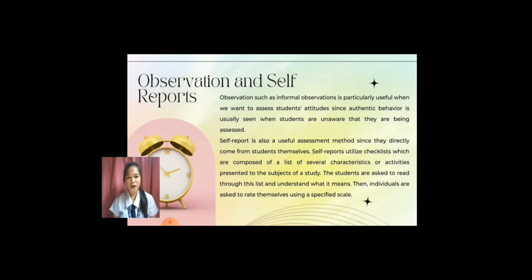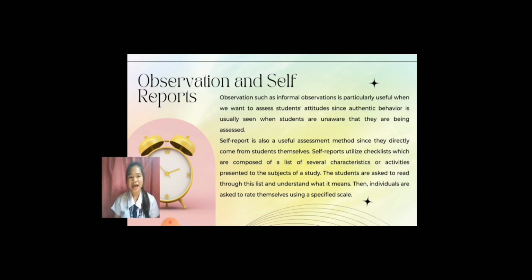A device in the form of a tally sheet can be used to record observations, such as frequency of students' behavior, activities, and remarks. Aside from observation, self-report is also a useful assessment method since they directly come from students themselves. Self-reports utilize checklists which are composed of a list of several characteristics or activities presented to the subject of a study.